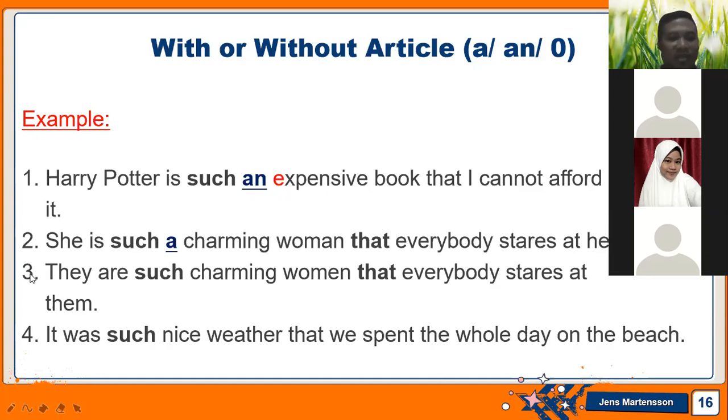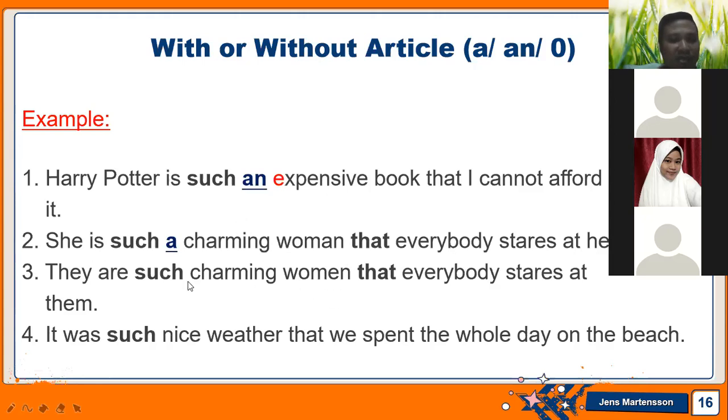Okay, number 3. Good sentence? Yes, sir. Why? Because the noun is more than one. We don't need to use an article because the noun here is more than one.